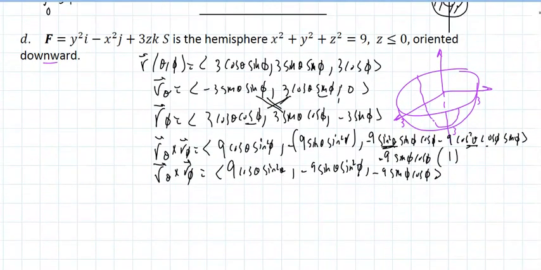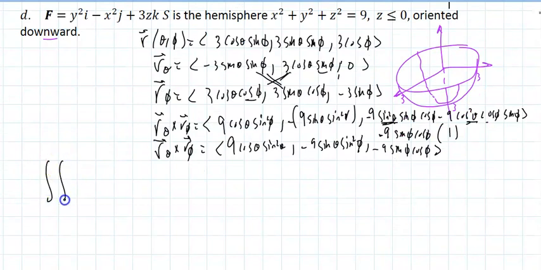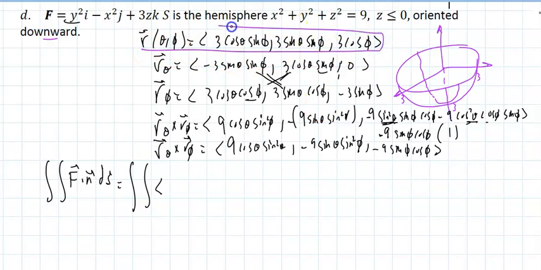Then here I'm going to say the double integral of f dot n ds is going to equal the double integral. And how does that work? Well, y squared, you go back to the original setup.